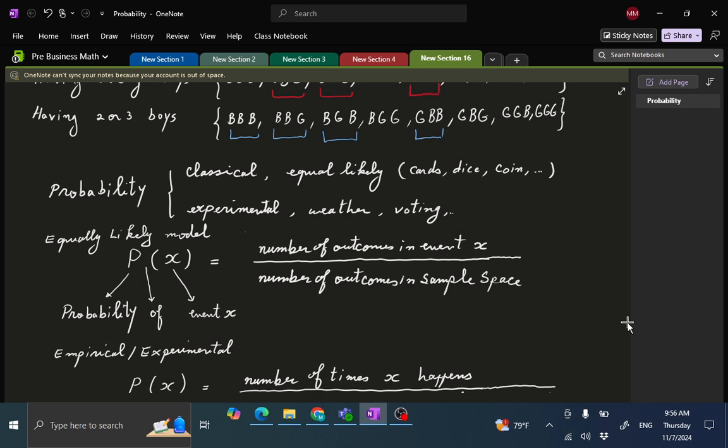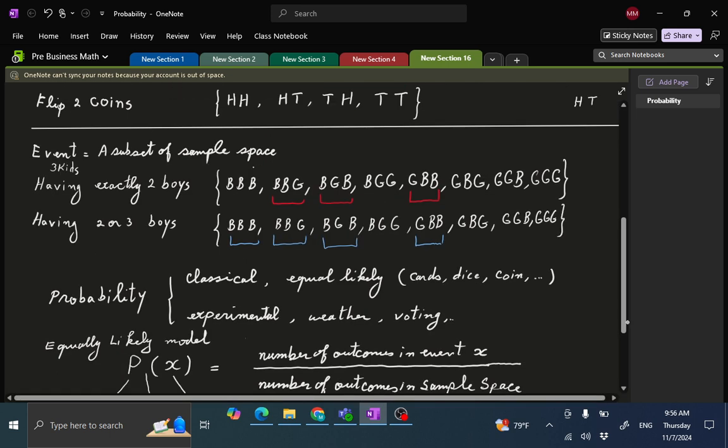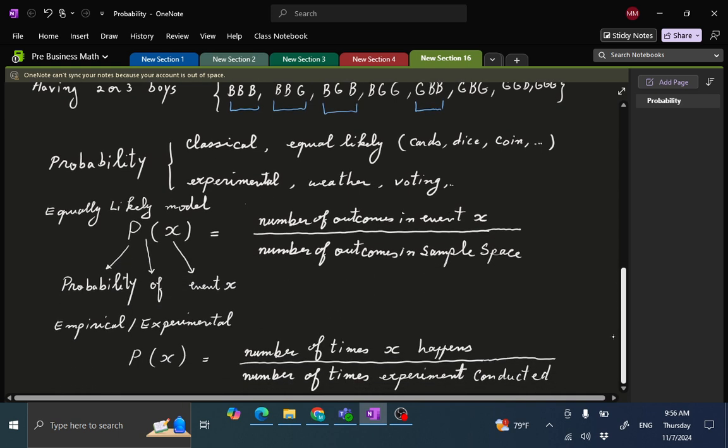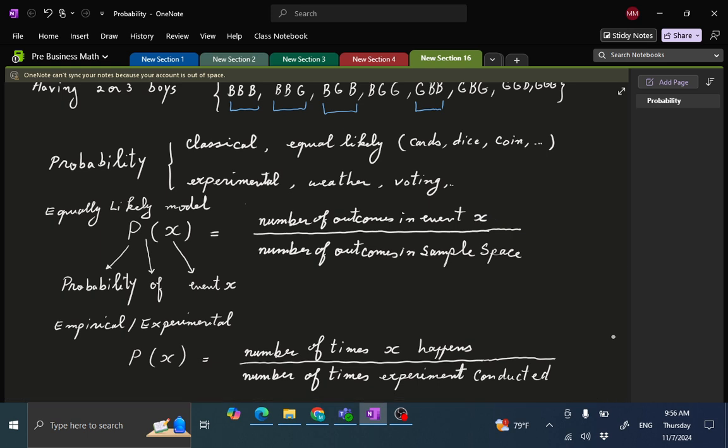In the case of cards, fair dice, fair coin, and so on, we use the equal likelihood model. Equal likelihood model means all these cases individually are equally likely, and the way we come across our probability is to count the number of outcomes in the event X and divide it by the number of outcomes in the sample space.